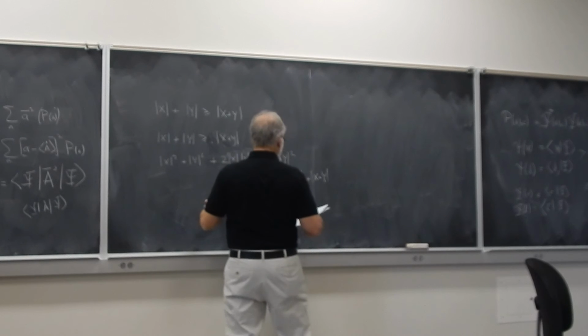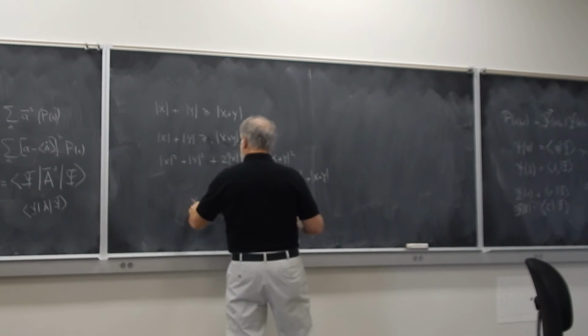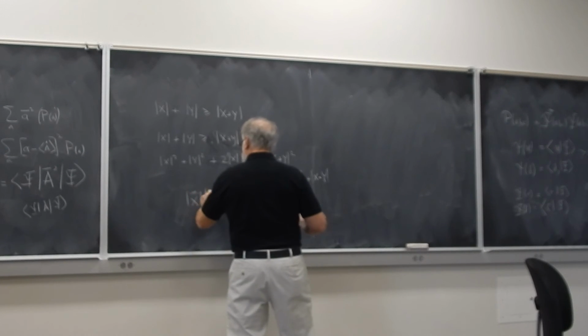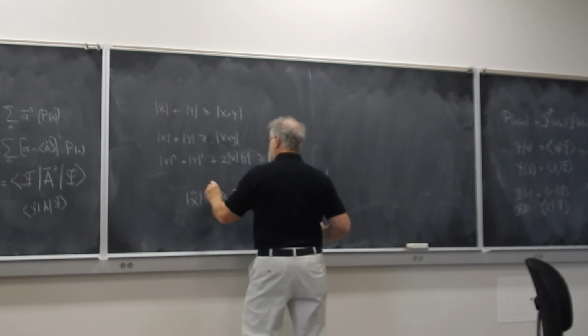Get rid of the x squared plus y squared, and what do we get? We have magnitude of x times the magnitude of y is greater than or equal to x dot y.